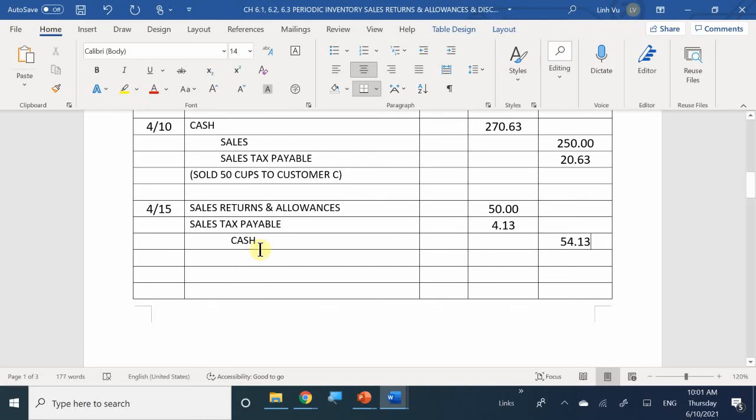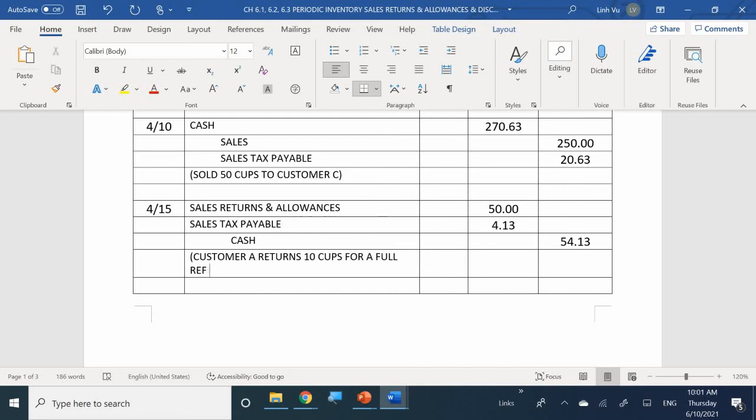$54.13. All right. So here, I'm going to make a note real quick saying that customer A returns 10 cups for a full refund. Okay.